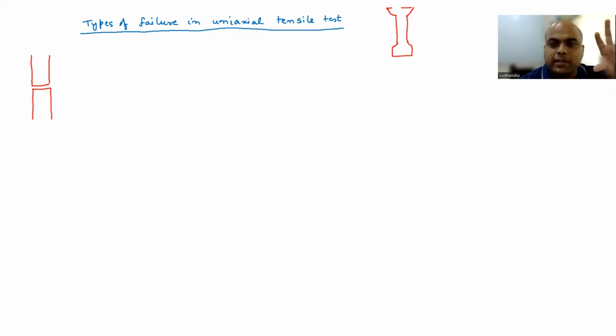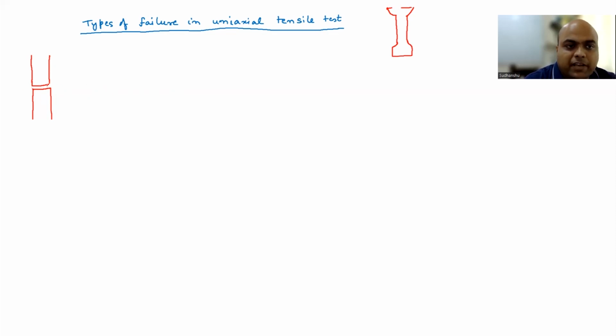What I am drawing here is part of the dog bone specimen, the gauge section, where we are about to see the fracture. You know that during a tensile test it has to be in the gauge section.